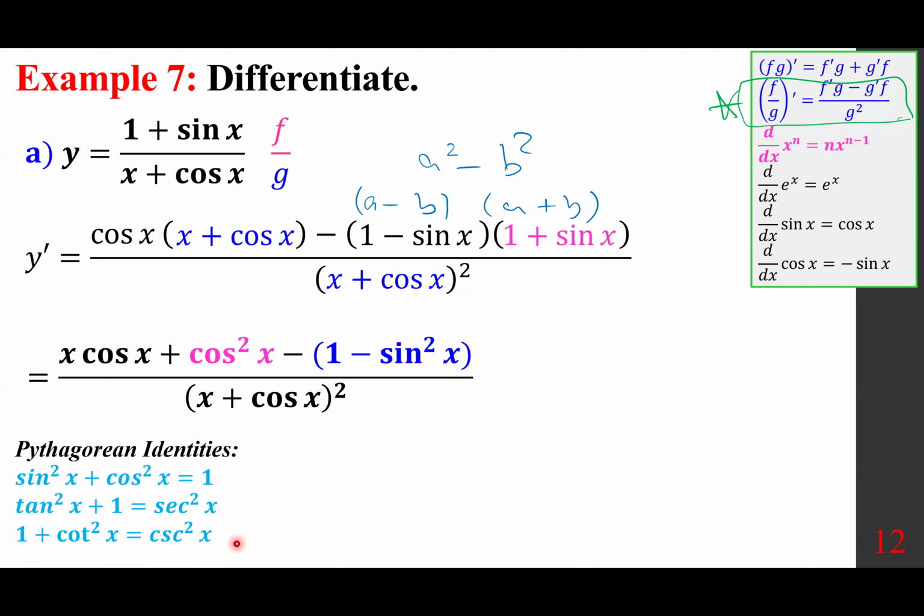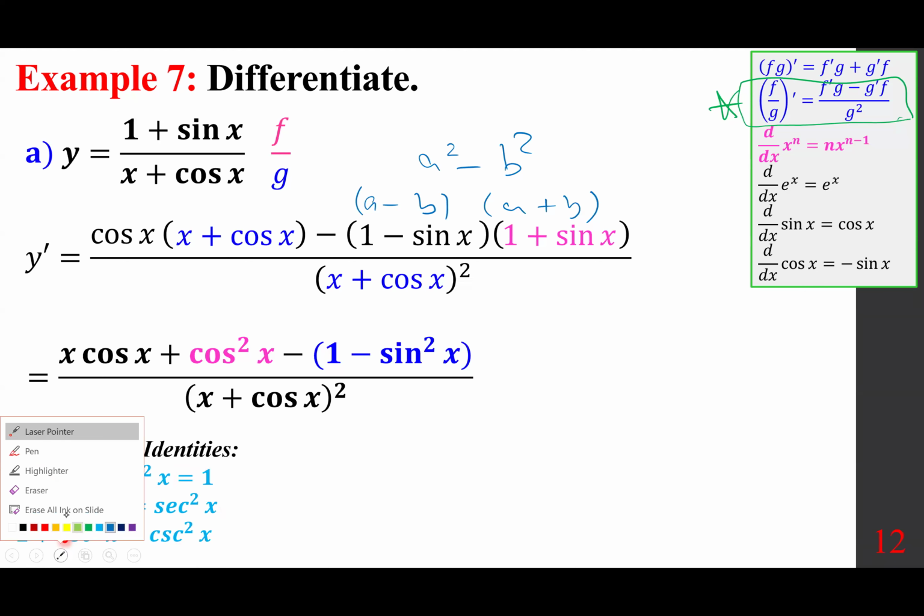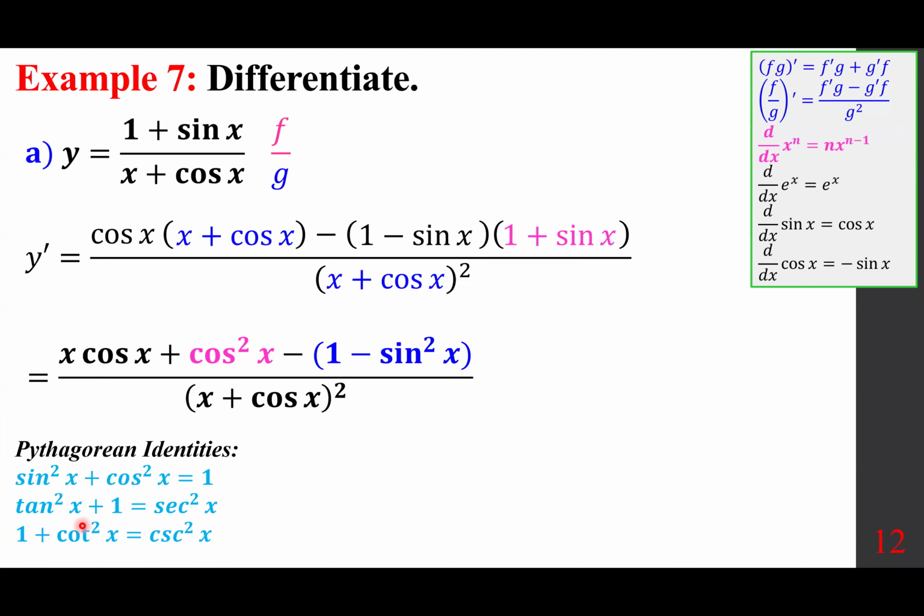So just to discuss the first one. When you have this one, you should recognize that sine squared is 1 minus cosine squared.